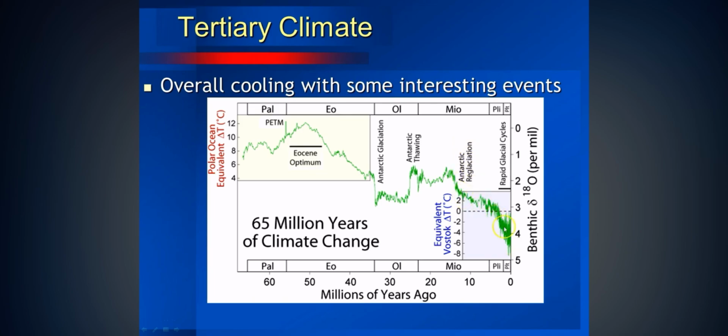And then since then, we've had glaciers in Antarctica pretty much continuously until the modern day, including now, even though we're in a relatively warm time compared to the Pleistocene, but still cold enough to have some glaciers on Earth. So overall pattern of cooling.